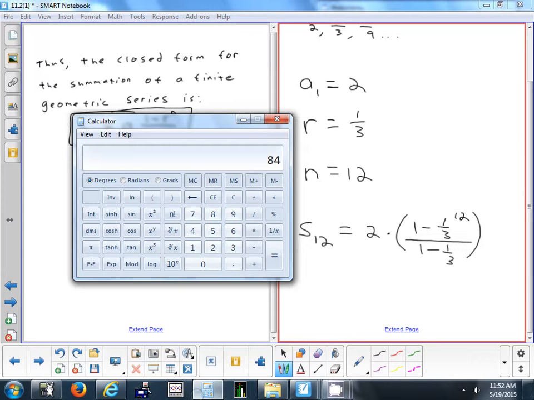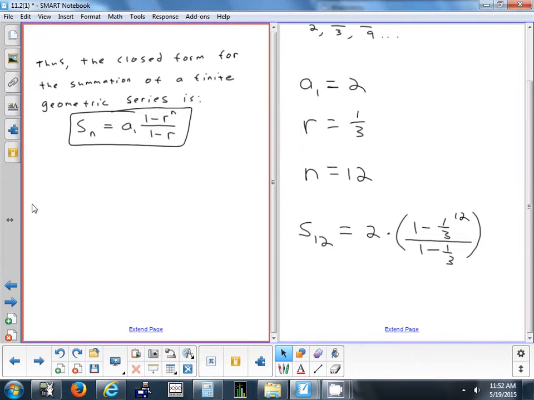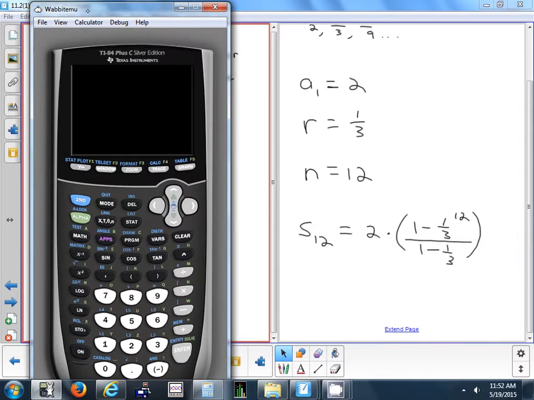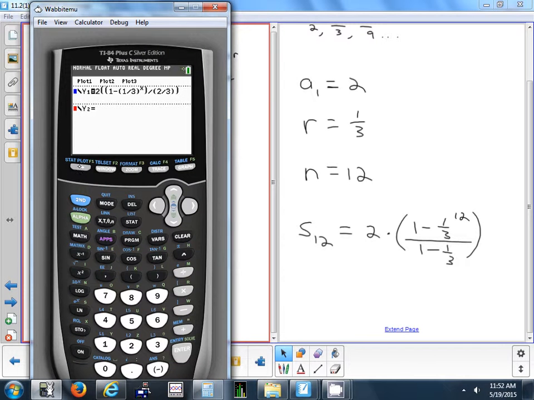Hey, let me type that in on the calculator. Okay, I already typed it in. I had to use parentheses just to be careful with what has the exponents, but if you type it in just like that, I also simplified the denominator. 1 minus 1/3 is 2/3.